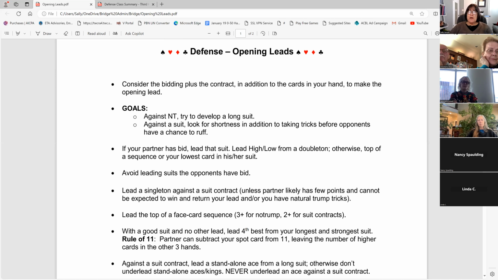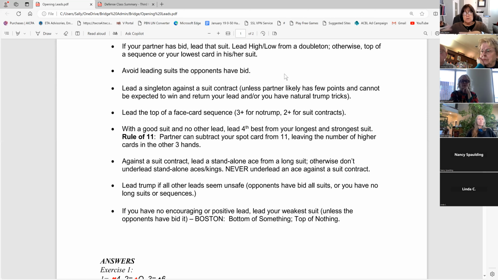Because if we are leading a suit that the dummy has bid, we're at least leading through the dummy. And both our partner and the declarer, who didn't bid that suit and so theoretically is weaker in that suit, will play after the dummy has played. So lead through strength on the board, lead to weakness in declarer's hand.